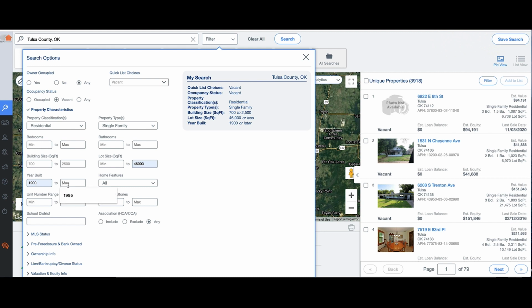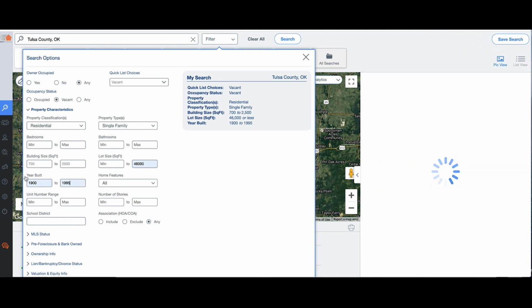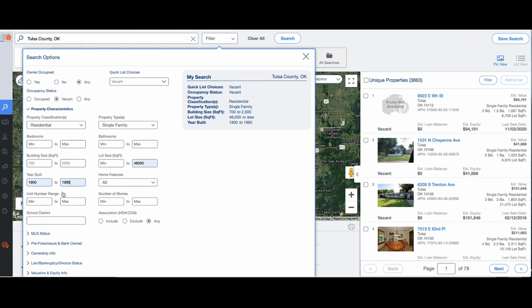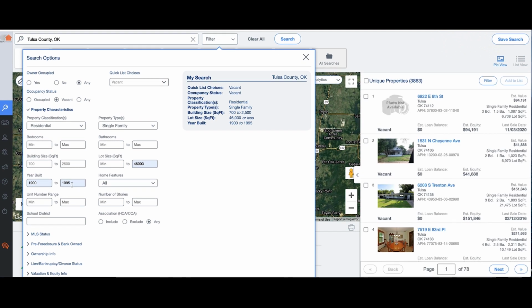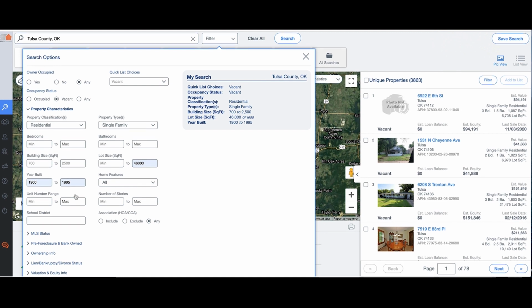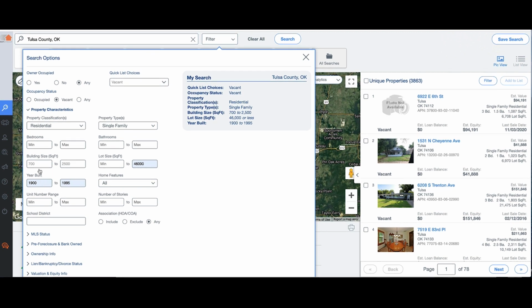I do 1900. This really depends on your area, so don't use my parameters for the year built. This is only my area, but I want an older home. Some parts of the country, like Florida, for example, you actually could go higher in the age because the houses are just newer there. For Tulsa, this is just very much for my territory. I recommend figuring out what year built investors are buying in your territory.